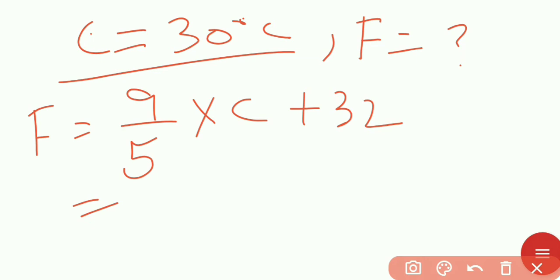Now put the value of C. Instead of C you will write 30: 9 by 5 into 30 plus 32.